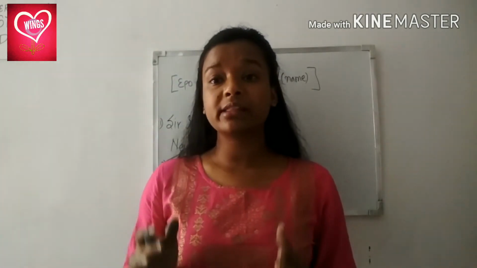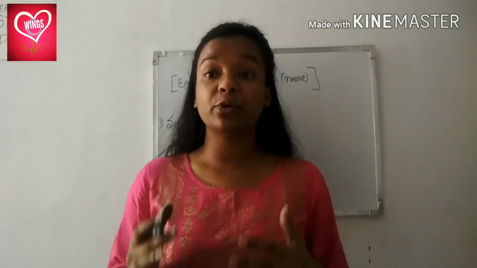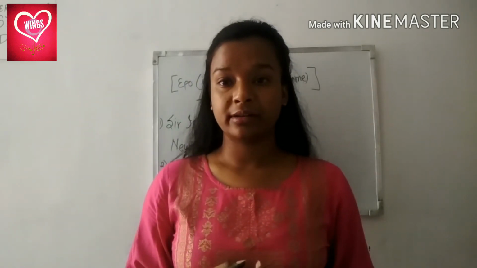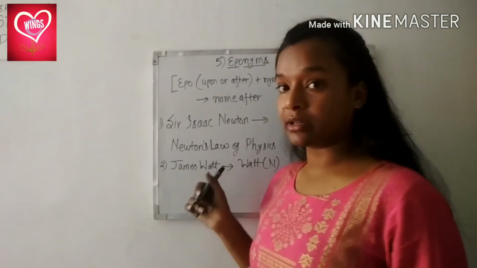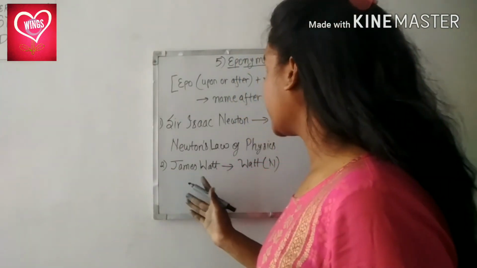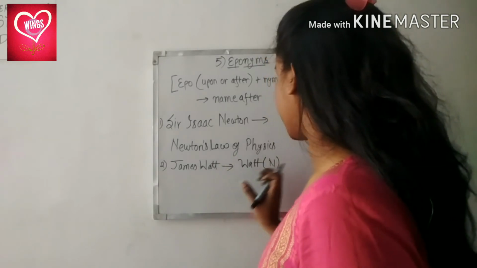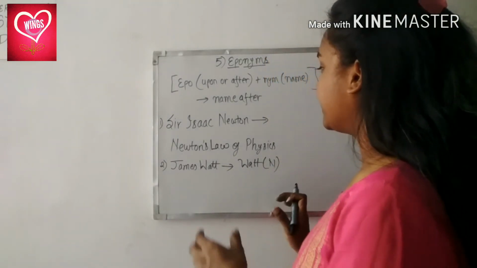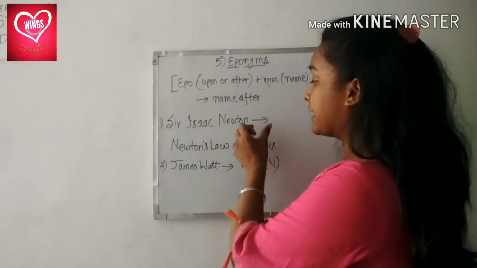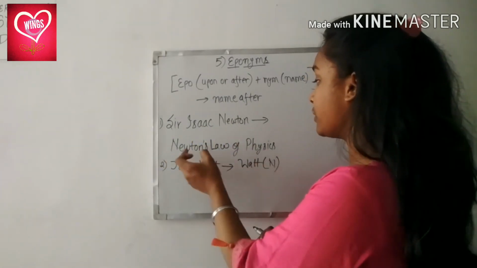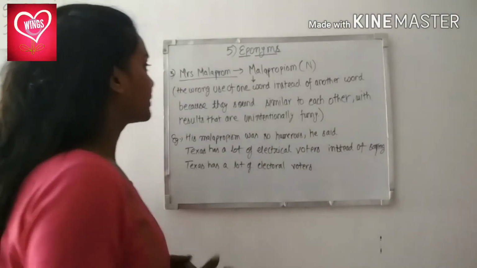Watt is the common name for a unit of electric power, and it is named after its developer James Watt. So, James Watt is an eponym for this word watt. And Sir Isaac Newton is an eponym for this phrase Newton's law of physics.